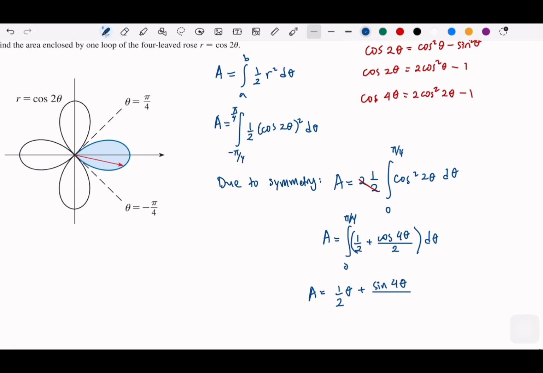Yeah, it's 8, right? And then input 0 to pi over 4. If we input 0, all is 0, right? So we just write the pi over 4. And pi in sine we can ignore. So this will be pi over 8.